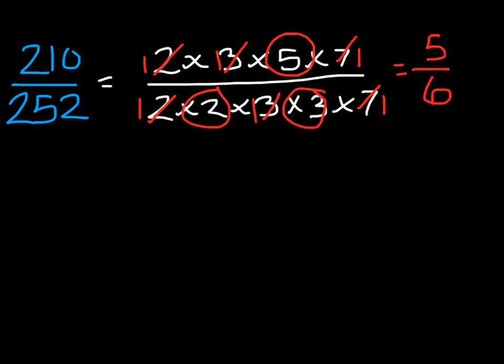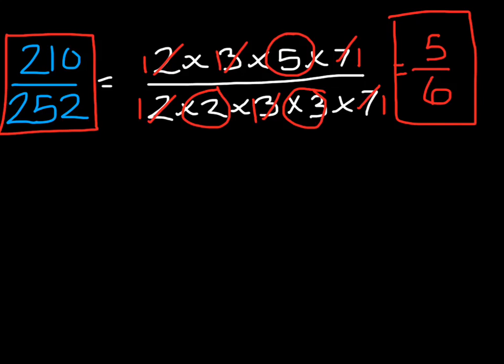And what that means is that I have just expressed 210 out of 252 in its simplest form. I took out all the common factors. Sometimes we just call that canceling. They really turn into ones, but since 1 doesn't change the identity of the multiplication problem, having 1 times 1 times 1 in there doesn't change anything. And what's left over is a factor of 5 on the top and 2 times 3 on the bottom.